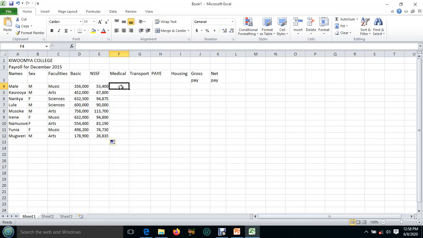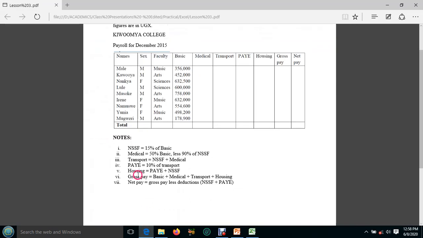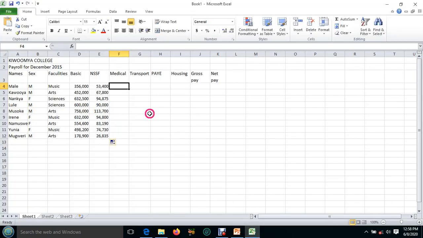Then medical, they told us medical is 50% of basic less 90% of NSSF. Medical must be equal to 50% of basic less 90% of NSSF. So medical for the first person is equal to 50%. Since we are having two operations, there is 50% of basic, and we are going to less 90% of NSSF.